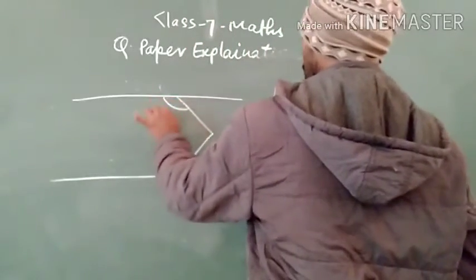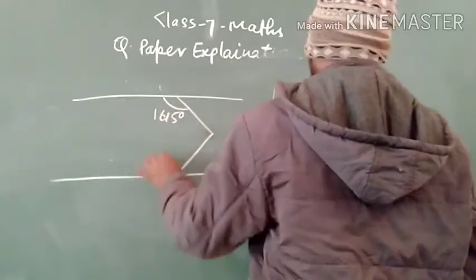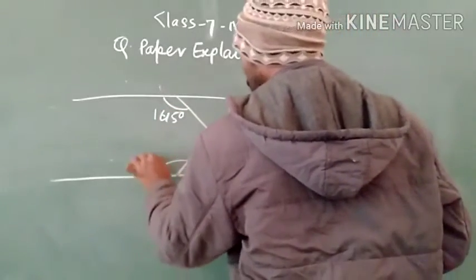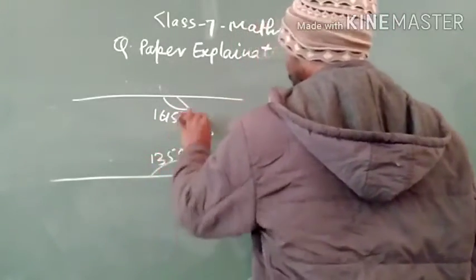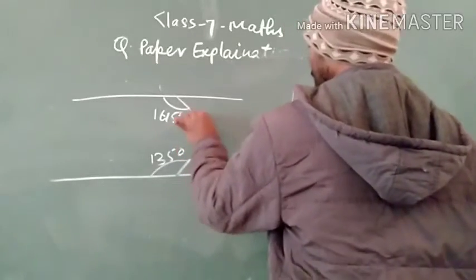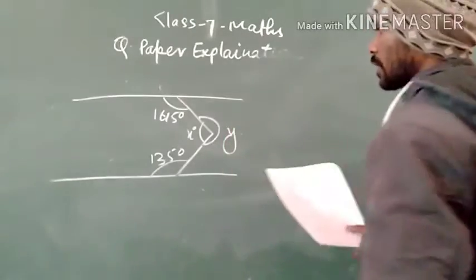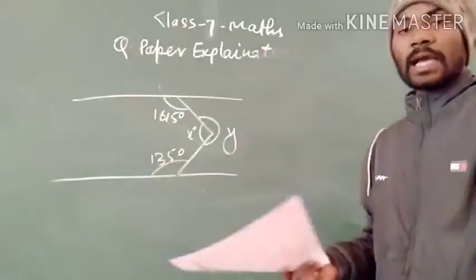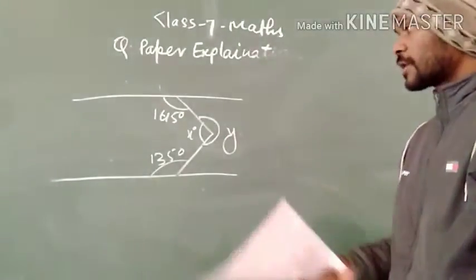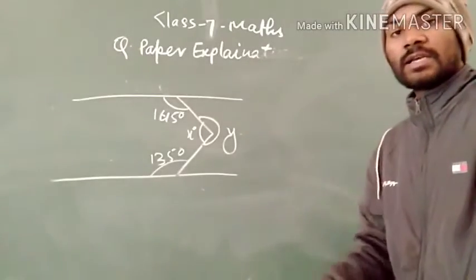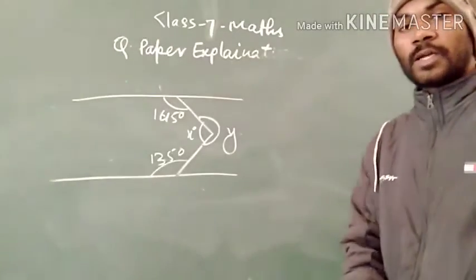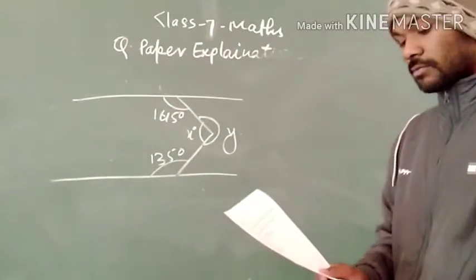This is the angle of 145 degrees, and this is the angle of 135 degrees, and we have to find the exterior angle x and the exterior angle y. As I gave you the concept of the transversal and parallel lines, you can easily find the value in this given figure.